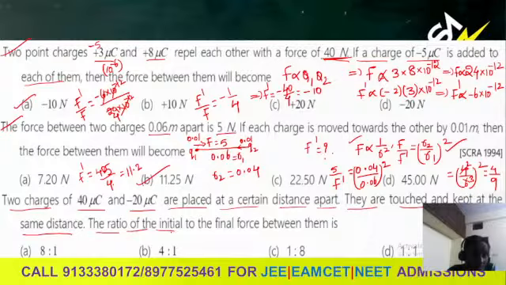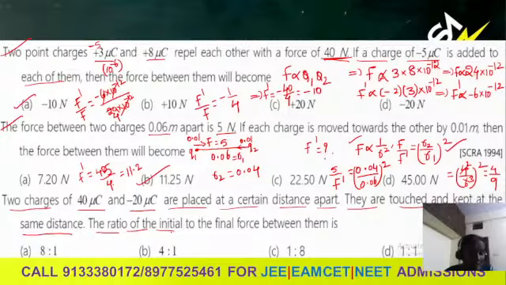Whenever two charged bodies are in contact, charge distribution takes place. Like you and your friend, you are having 100 rupees, your friend is having maybe 20. You want to buy something which costs the same for both, so you must have the same money, then you will share the money.